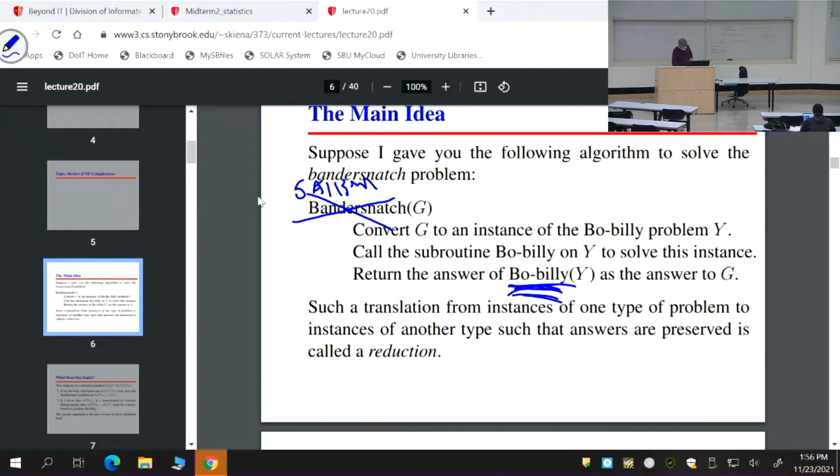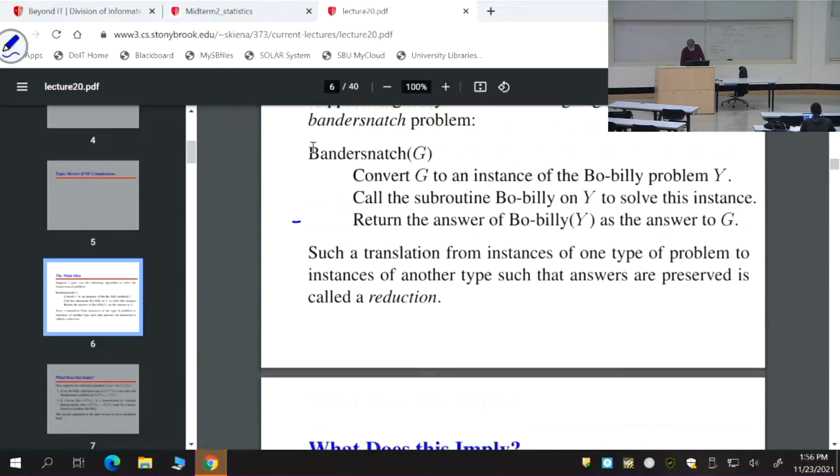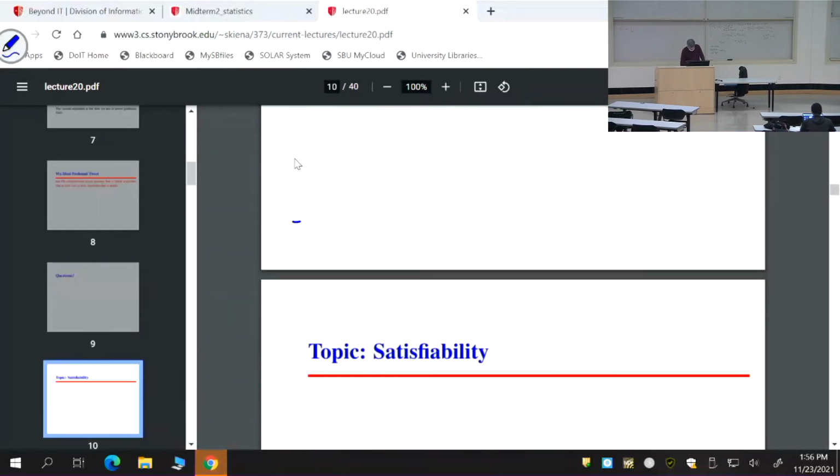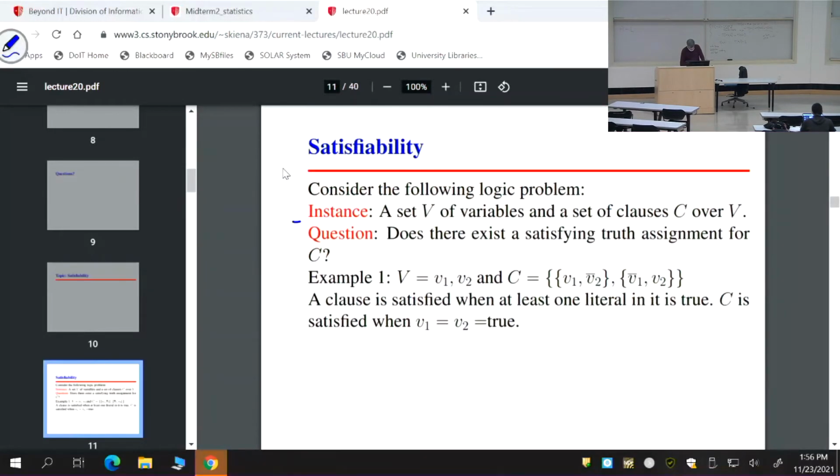Okay. Let's now look at more specifics. So I talked about satisfiability last class. Let's just remind ourselves what satisfiability is. Satisfiability is, I am giving you a logic problem, in CNF form if you're an expert on logic.